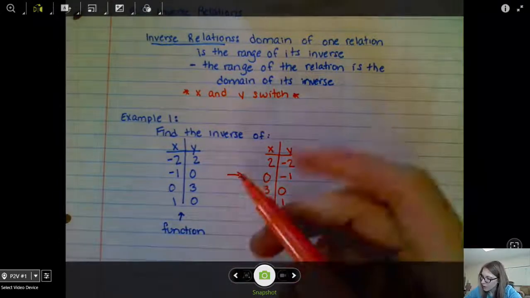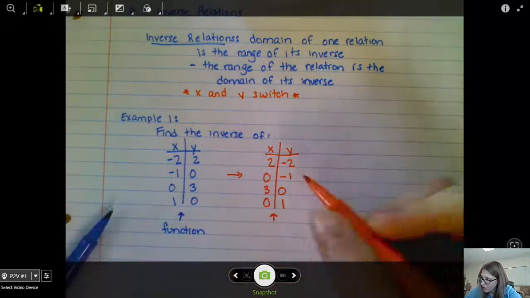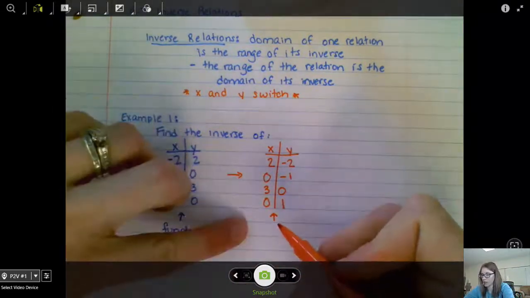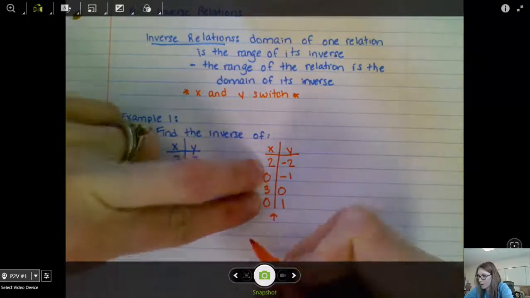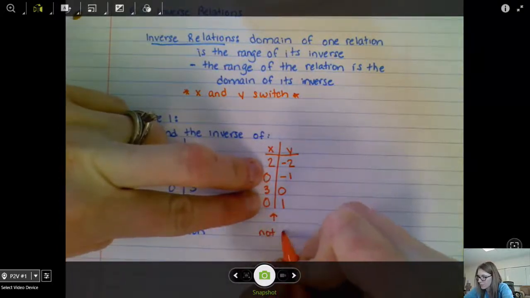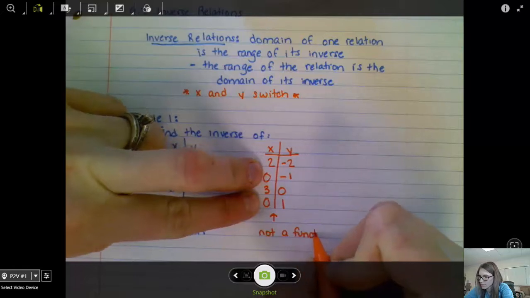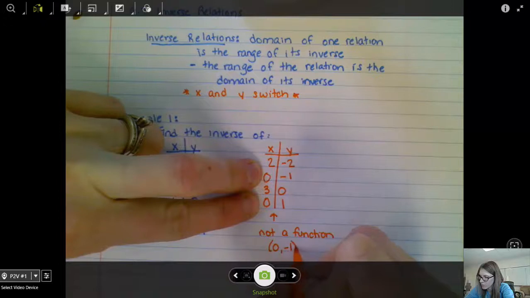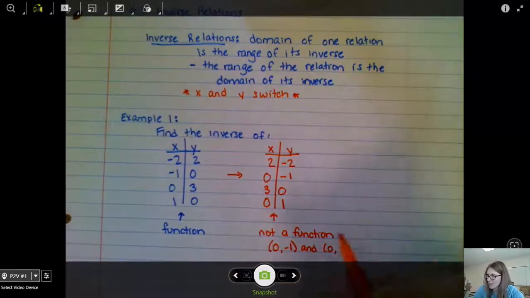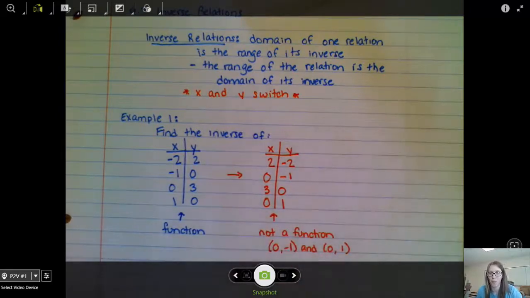If I look over here, though, at my inverse, this is not a function because 0 goes to -1 and to 1. So just making that note there. It's not a function because (0, -1) and (0, 1) are both points. All right, one last time, main idea of inverses, the x and the y switch.